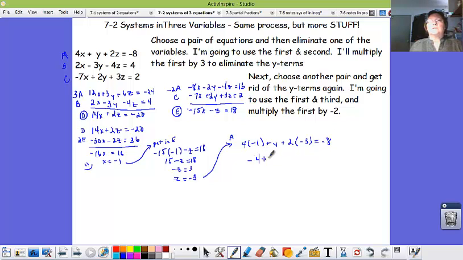Negative 4 plus y minus 6 equals negative 8. That's negative 10 altogether, plus y equals negative 8, and adding 10 to both sides, y equals 2. So we have our solution, one solution to this system, and it's negative 1 for x, its y is 2, and its z is negative 3.